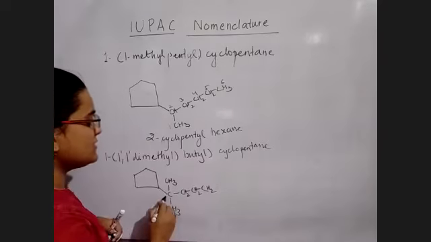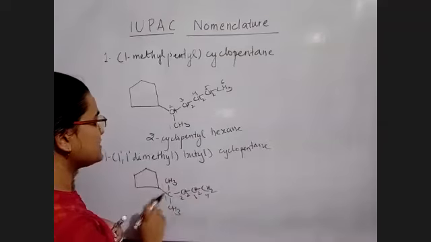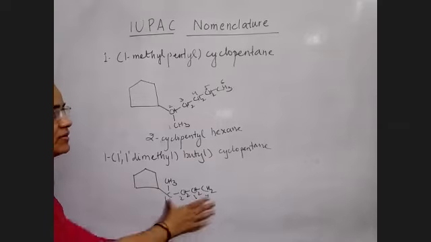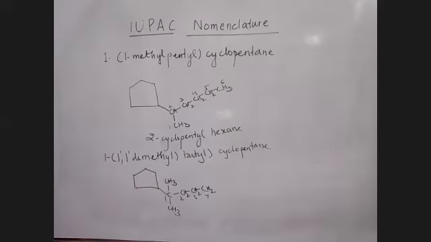This is 1, 2, 3, 4 because this will be the main chain. Then name of this chain will be 1,1-dimethyl-butyl, na? 1,1-dimethyl-butyl cyclopentane. This will be the structure, na? Are you getting this?